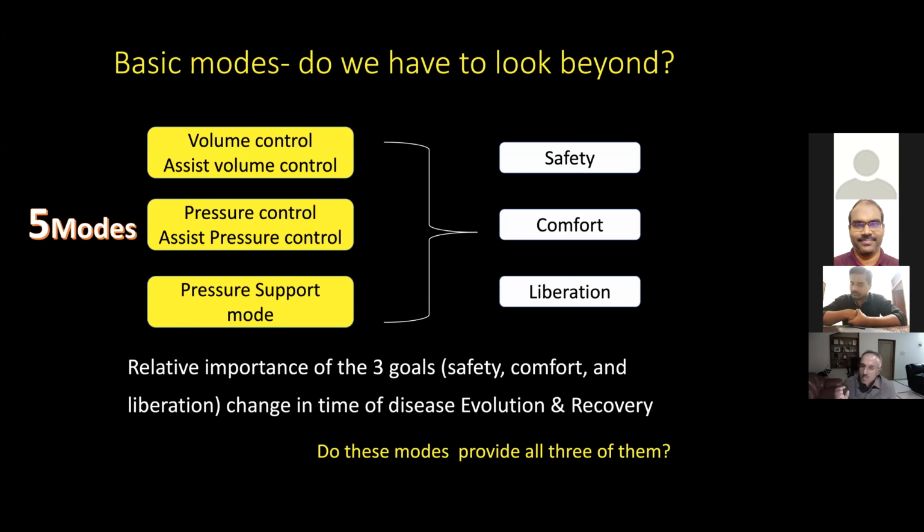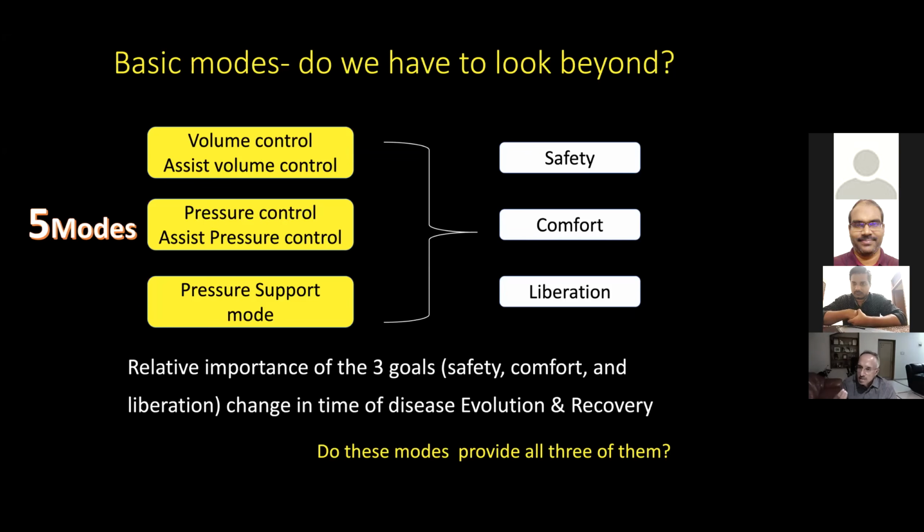And the newer modes may outscore the older modes in comfort and liberation. But do they make really any difference to the patient outcome? There are no great studies, but it may make your life easy because there are modes which are automatic. They themselves wean the patient out. There are some very physiological proportional modes which give more comfort and go for easy liberation.